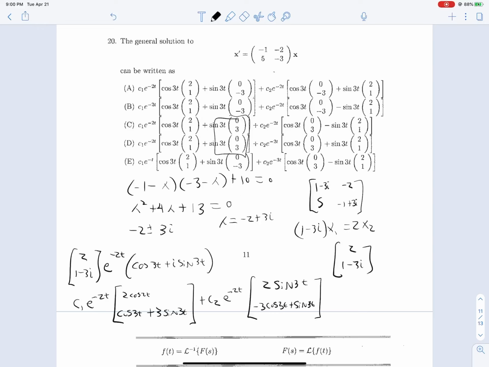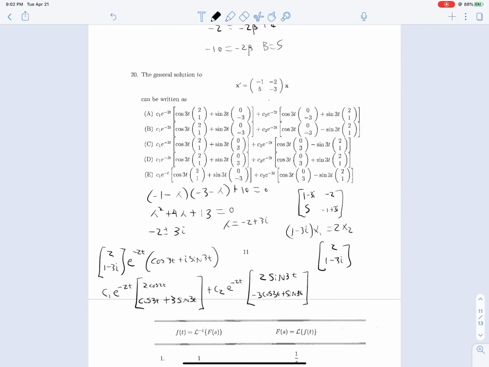Oh, wait, have they switched these? Cosine 2, 1, nope, sine plus 2, 1, minus 3? Yeesh. It looks like the signs of our cosines are off.